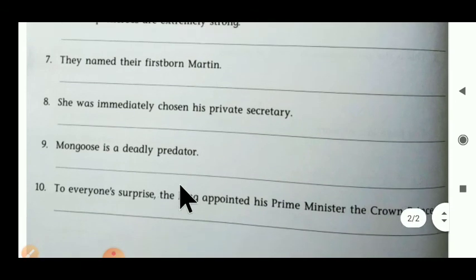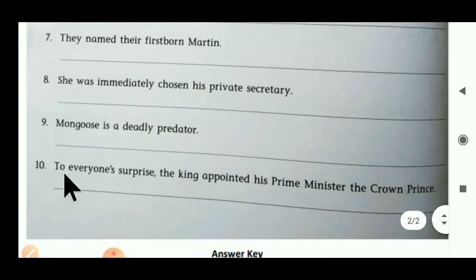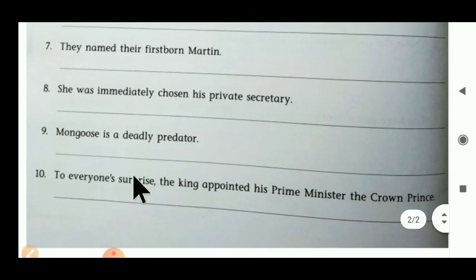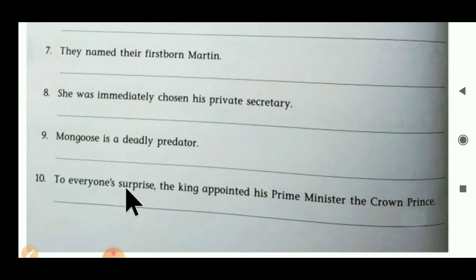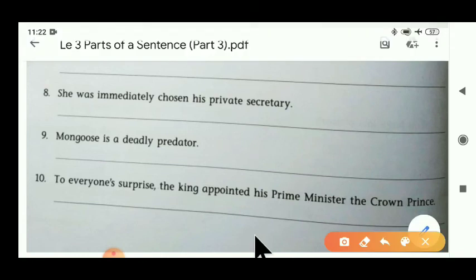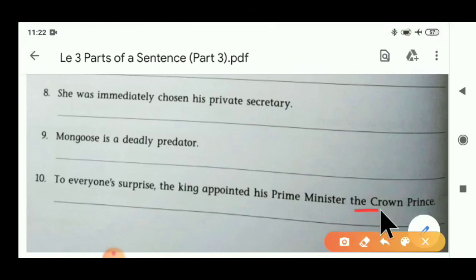Now the tenth one. To everyone's surprise, the king appointed his prime minister the crown prince. Here the complement is the crown prince, and it is used to describe his prime minister.